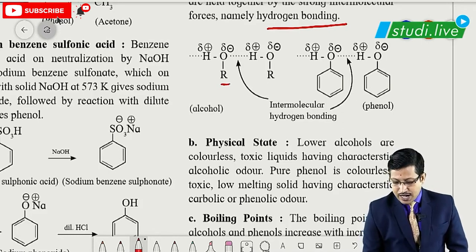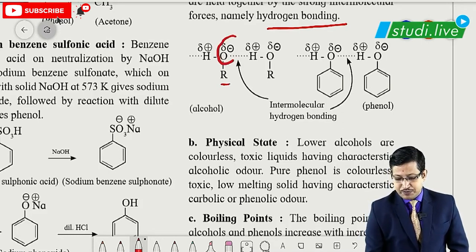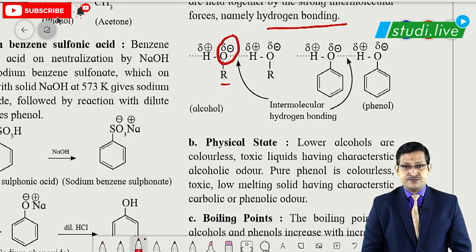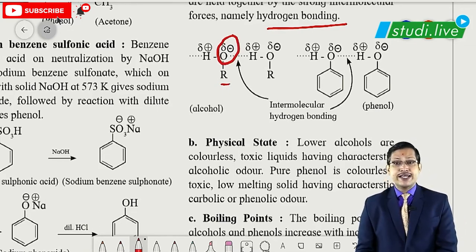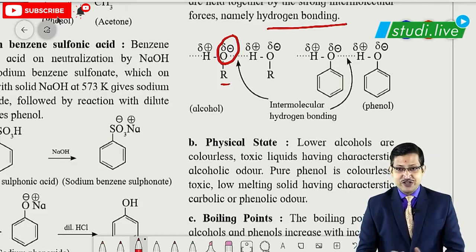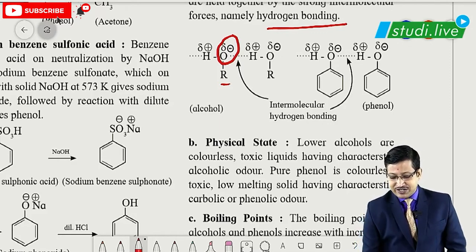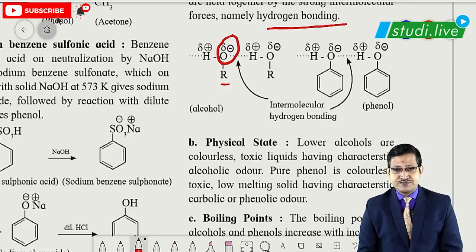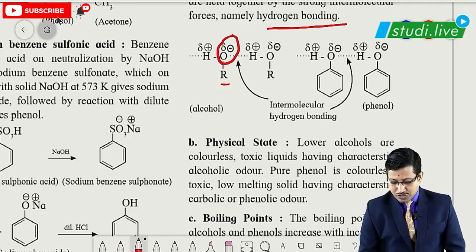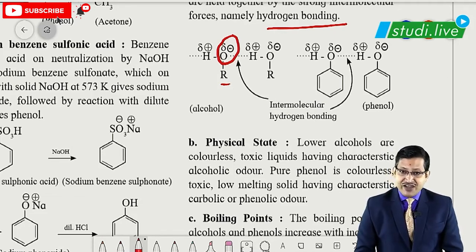This is another ROH. Now this oxygen being electronegative will have a bond with the hydrogen of the neighboring alcohol molecule. Two different alcohol molecules having a bond, that is called intermolecular hydrogen bonding. So this is the intermolecular hydrogen bonding in the case of alcohols.